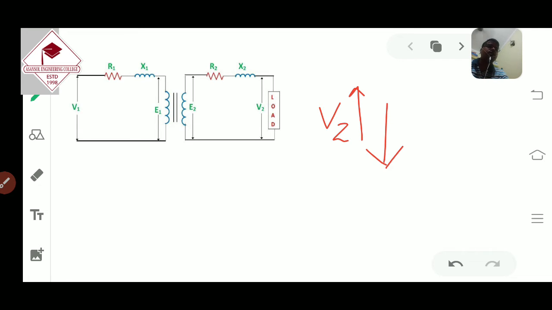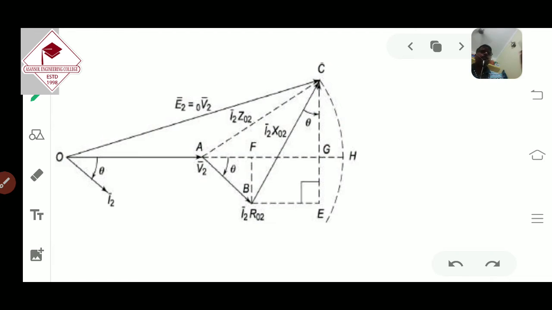It depends on the load, right? Generally in case of inductive load the voltage drops, and in the case of capacitive load, it may increase. That we will see. So the main thing is that whenever you load the transformer, the voltage across the load changes.